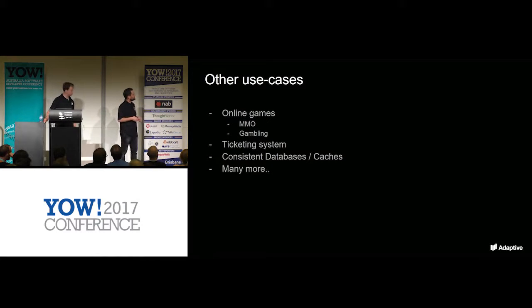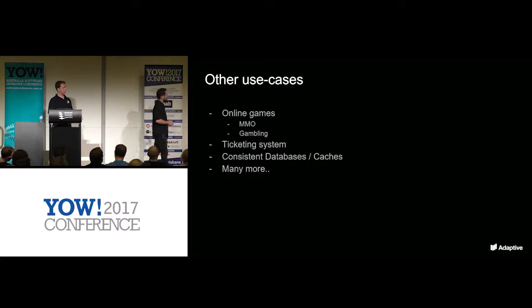And an obvious use case is if you are implementing a consistent replicated database or a consistent distributed cache; this is the typical infrastructure you can look at. You can make your database and your cache push-based instead of just request-response. And I think there are many more use cases that you could think of with this architecture.